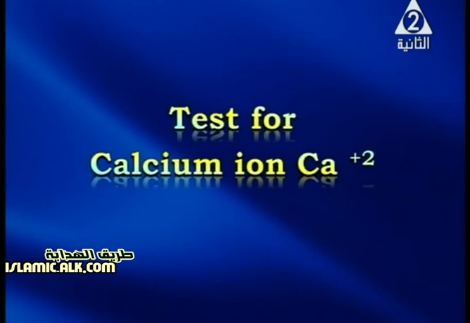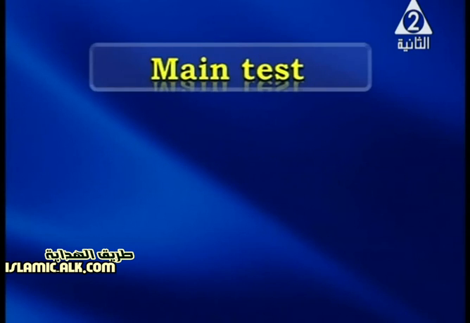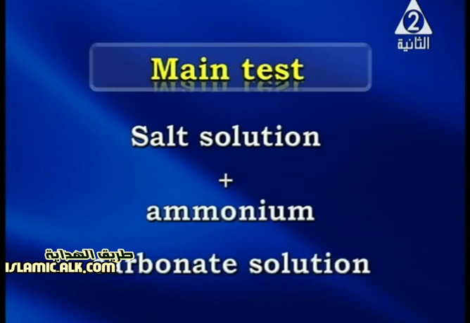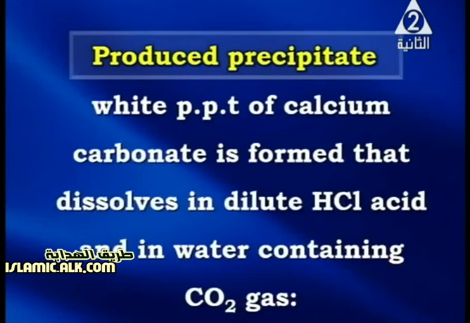Test for calcium ion. The main test here is the salt solution plus ammonium carbonate solution, which gives a white precipitate of calcium carbonate that dissolves in dilute hydrochloric acid and in water containing carbon dioxide gas.